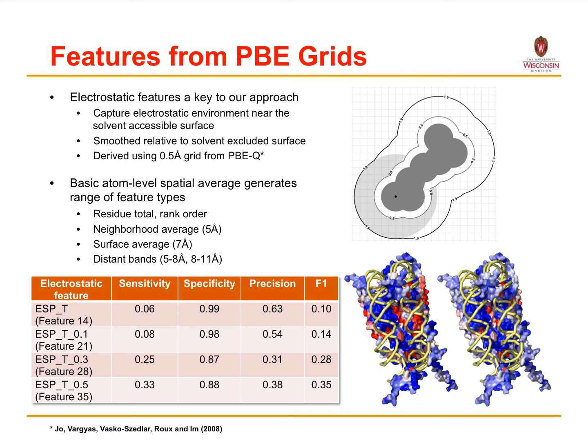For example, you could collect information in an annulus that lies between the solvent excluded and solvent accessible surface. However, in our experiments, we found it was advantageous to step the annular region back a little bit from the molecular surface so you could capture a softer electrostatic environment, not quite so large in magnitude. So we collected information from here.